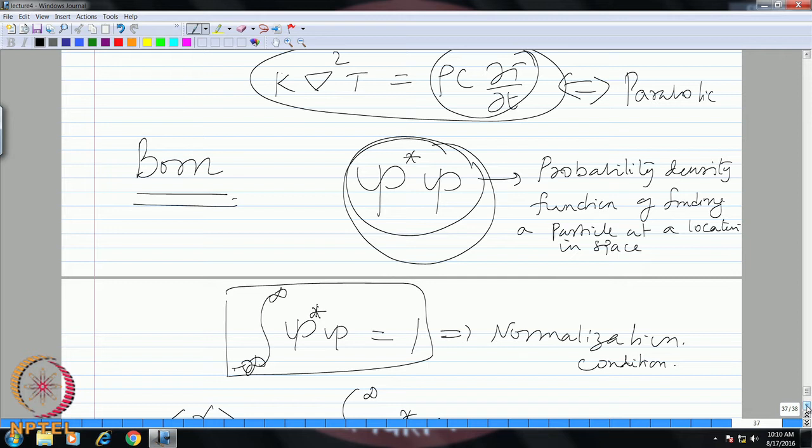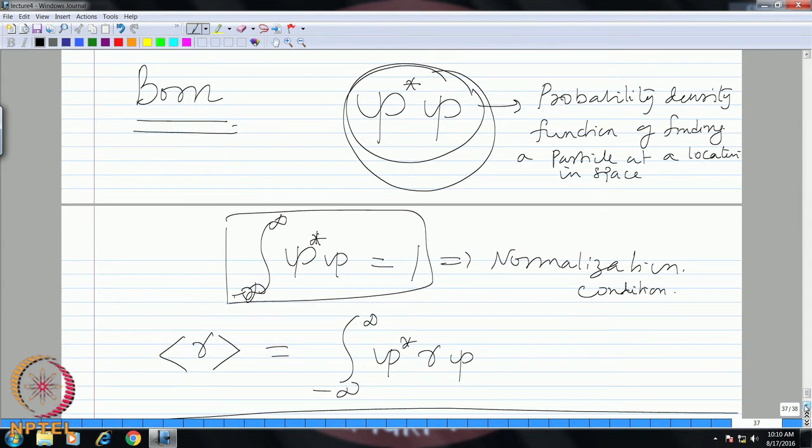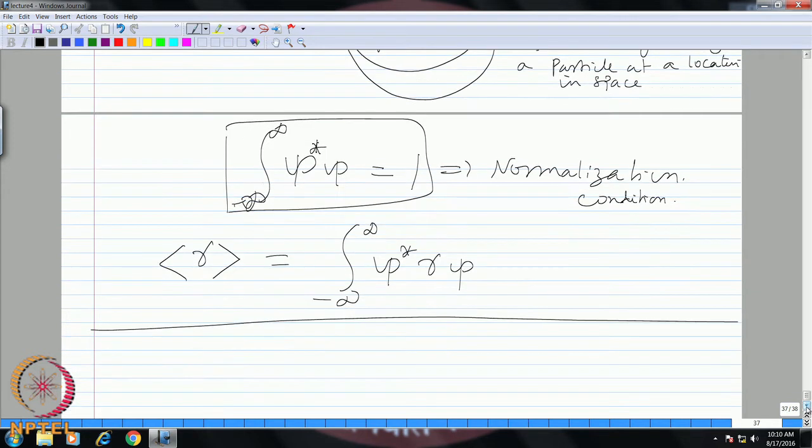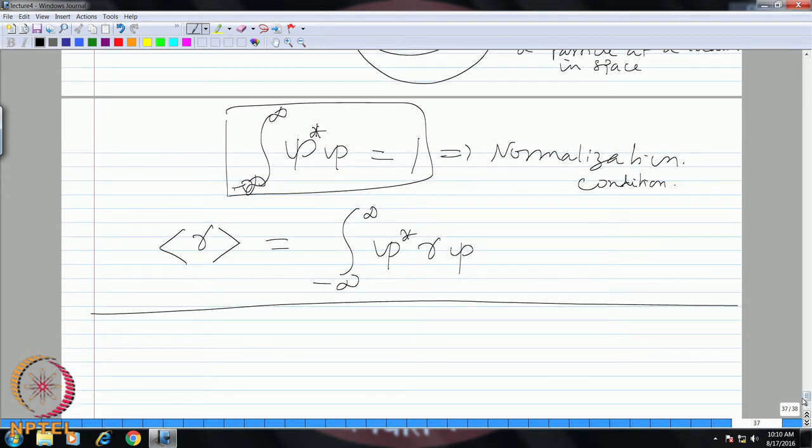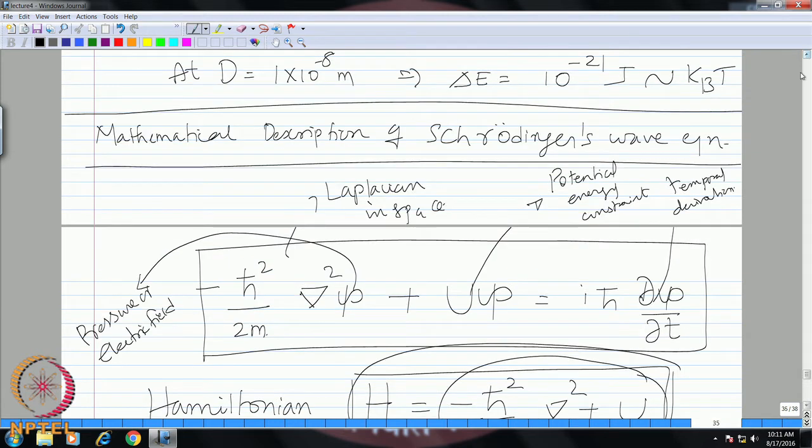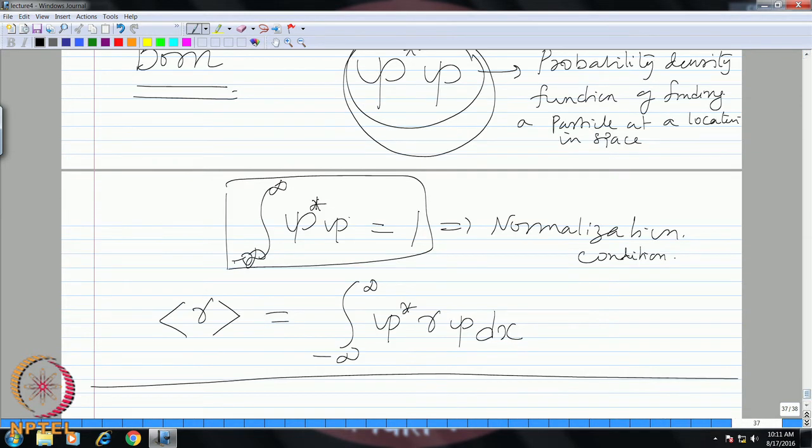And not only that, in order to find the expected or the probable values of other quantities, such as the actual coordinate, for example, represented by r, it could be x, y and z, this is obtained by integrating from minus infinity to infinity psi star r psi dx, where dx is the physical space element. The normalization, the integral of psi star psi dx, should be equal to 1.